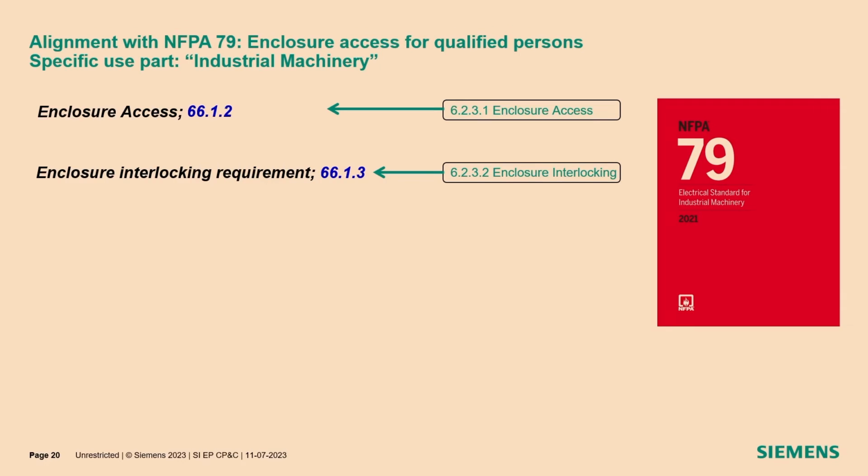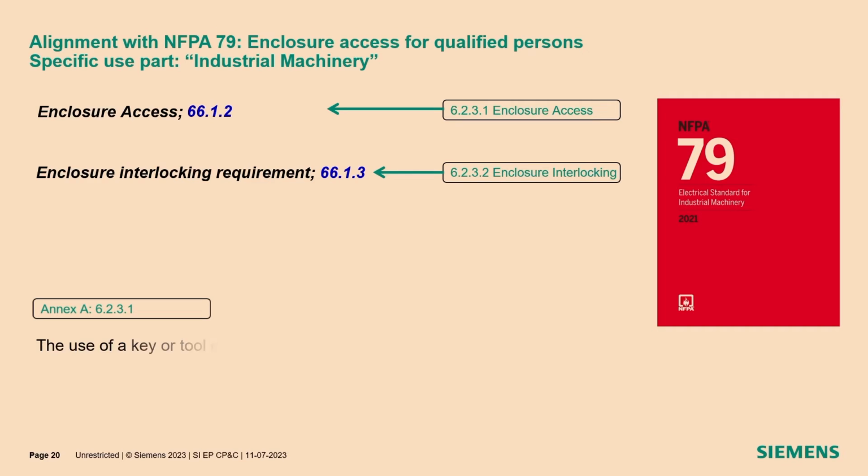One thing is that a lot of people always ask me in my training, why do we need this enclosure access? Which people are involved? And there I can show you an article in the NFPA 79, Annex A 6.2.3.1. And this is not written in the UL 508A, but this makes everything clear for me.